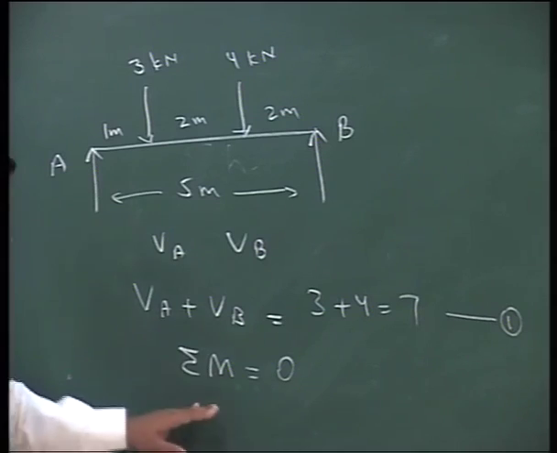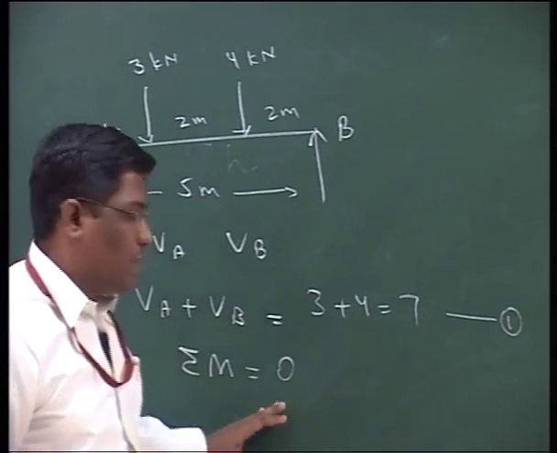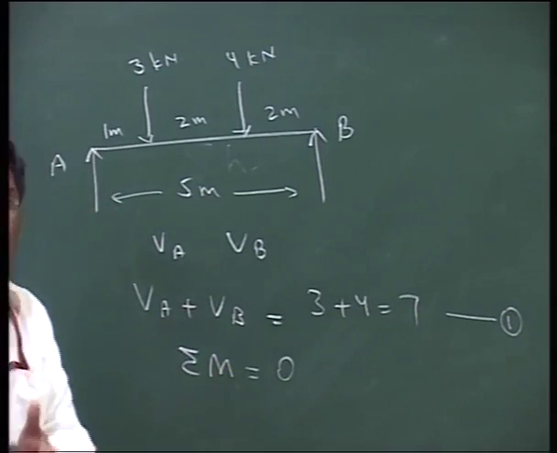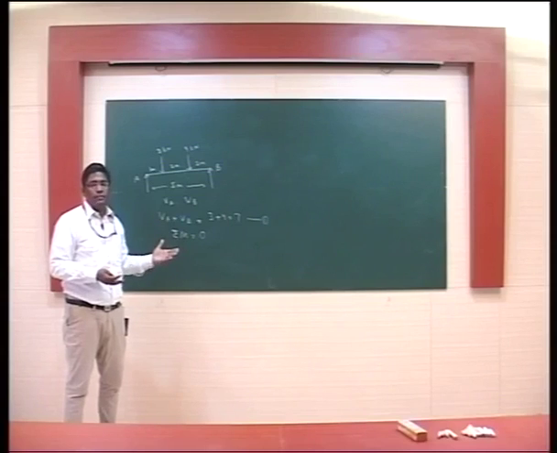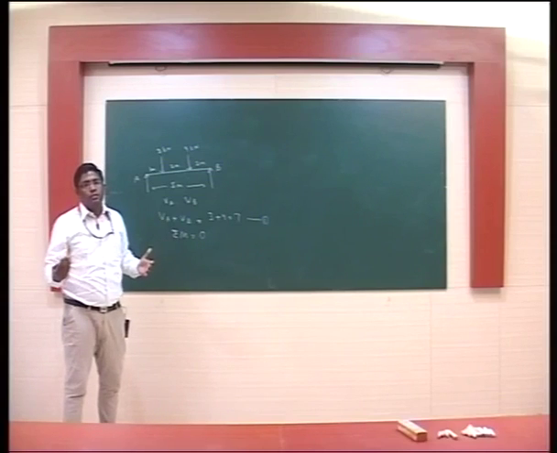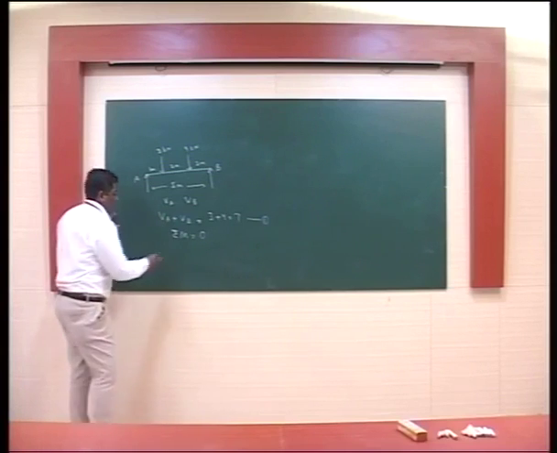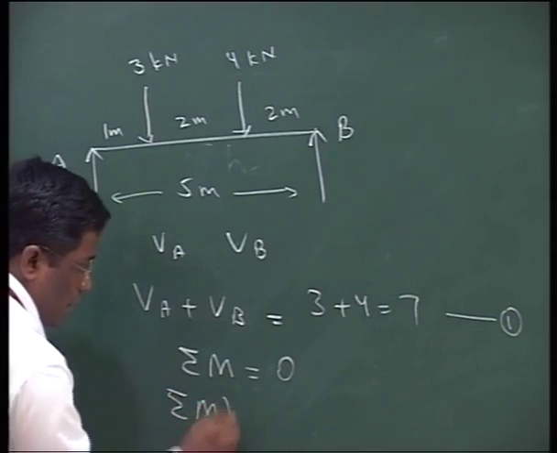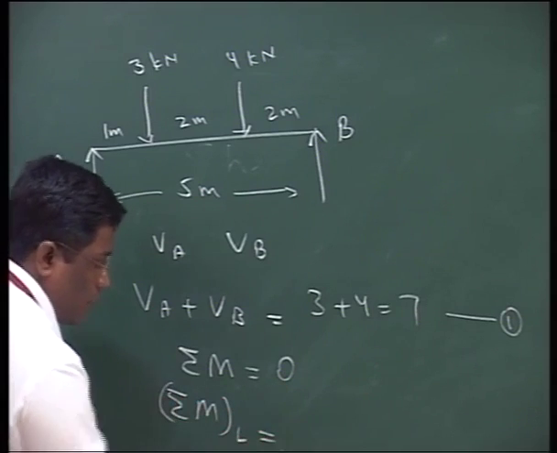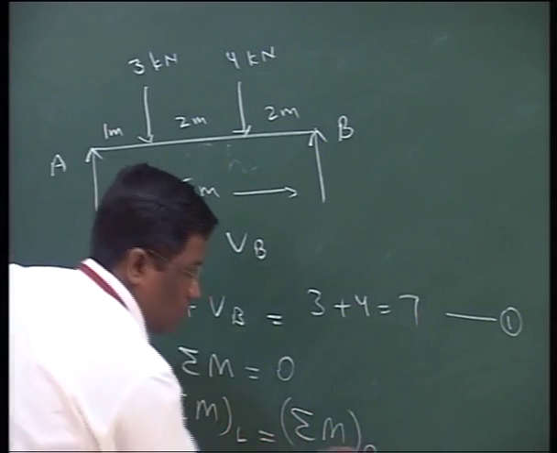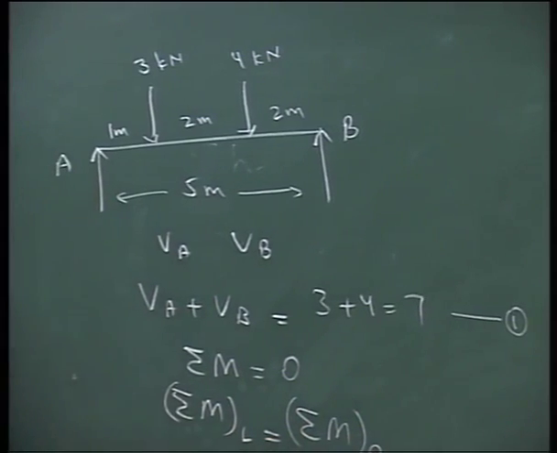Sigma M equals 0, as I already defined, means that at every particular point, the moment on the left side is always equal to the moment on the right side, but in the opposite direction. If we are talking about the magnitude, that means at any point sigma M of the left side must be equal to sigma M of the right side.